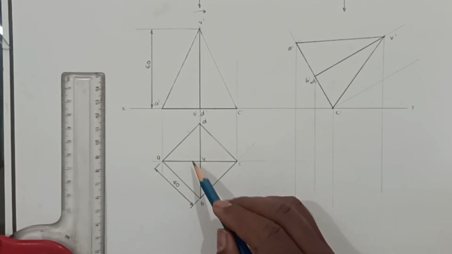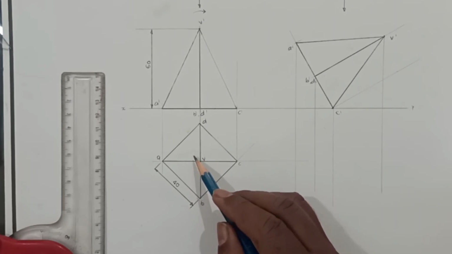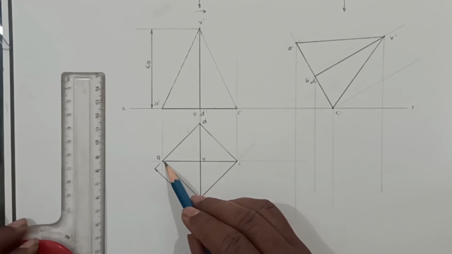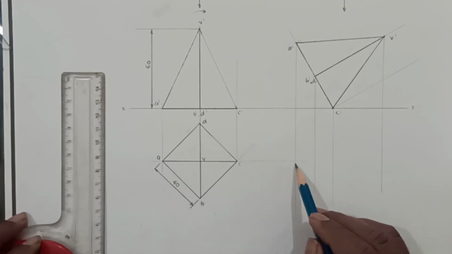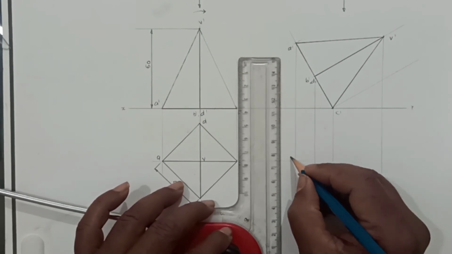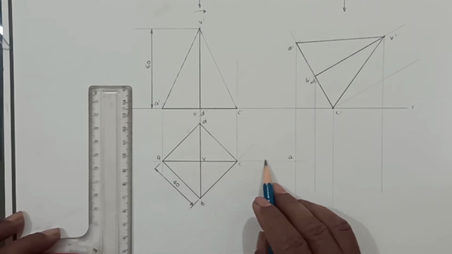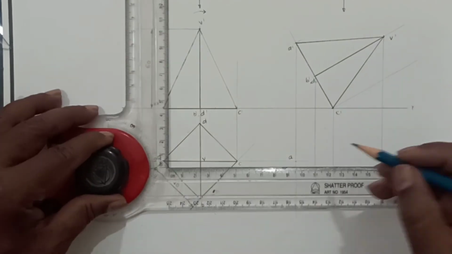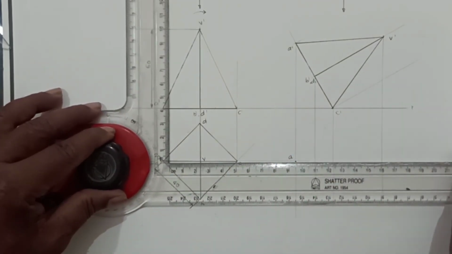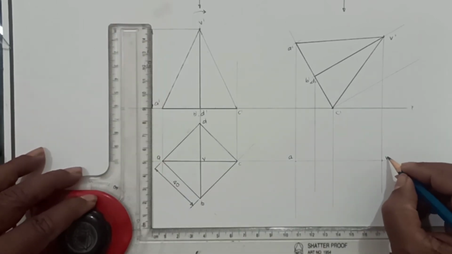So we will consider the visible triangular faces and locate the corresponding points. So A will be here, and A passing through this vertical line, A will be here. Now for V, vertex V will be here.